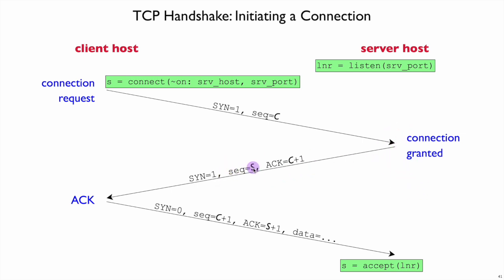It picks the S that it sends back in a way that encodes the client's identity and the client's sequence number C. And so when the server gets this third packet here, it can see that S and C and the client's address and its own address, that these are all consistent with each other, and so real communication is going on. So this is the point where the accept will actually happen now.